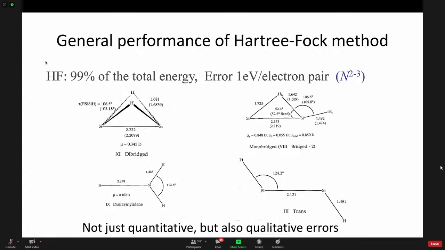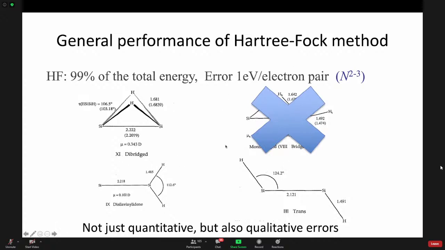For instance, if you consider this Si2H2, it has a lot of isomers, which means a lot of stable structures. Some researchers did some calculations in the past and found that these 4 are the most stable structures. However, Hartree-Fock cannot obtain this.